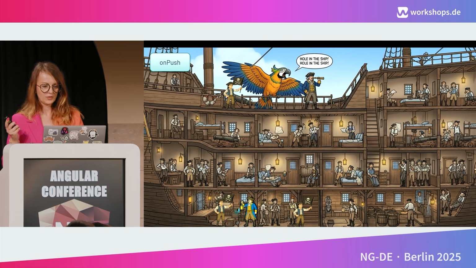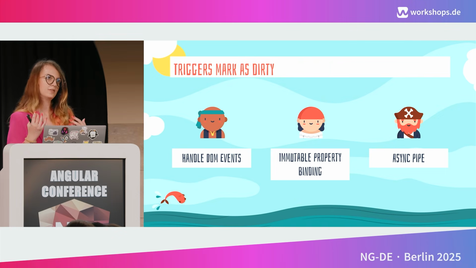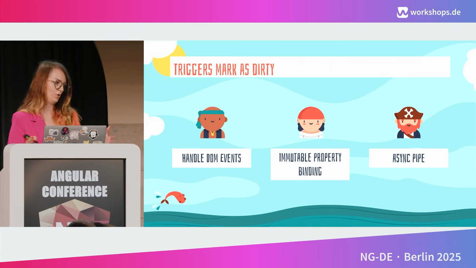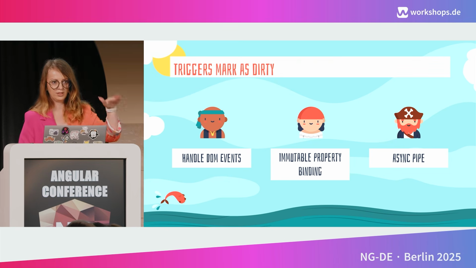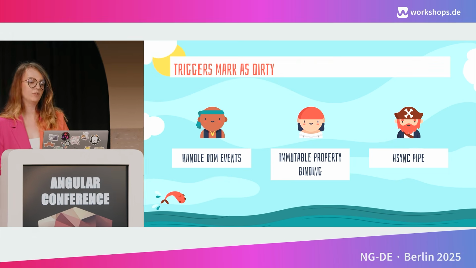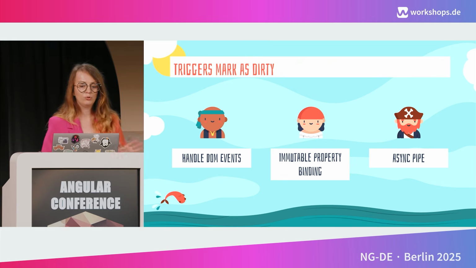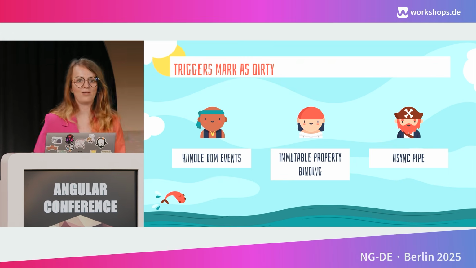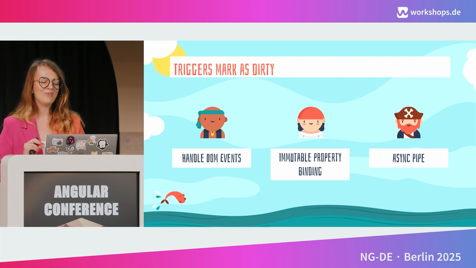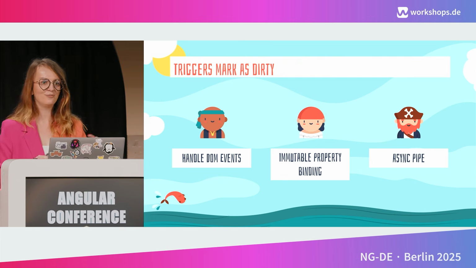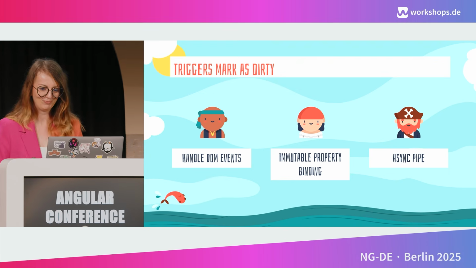Okay. So what triggers marking as dirty now? Probably you know, because we were clicking the button, that it's DOM events, handling DOM events. Next, immutable property binding. Here, remember, if you have an object, you have to change the reference, not only the property value.